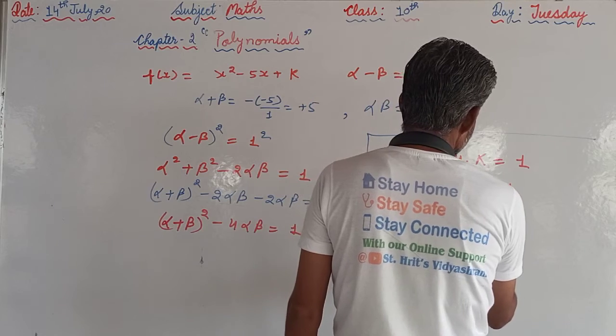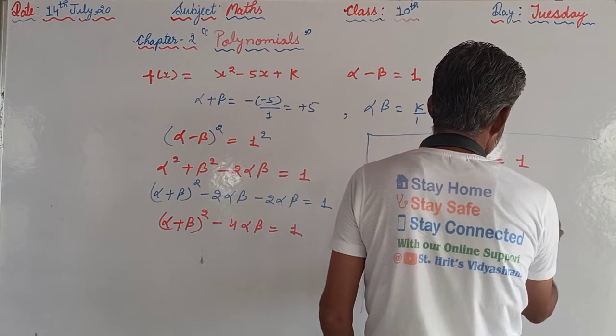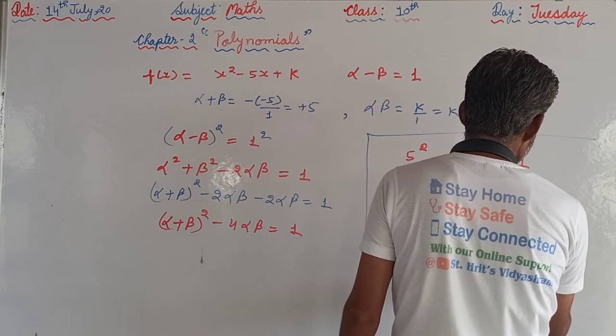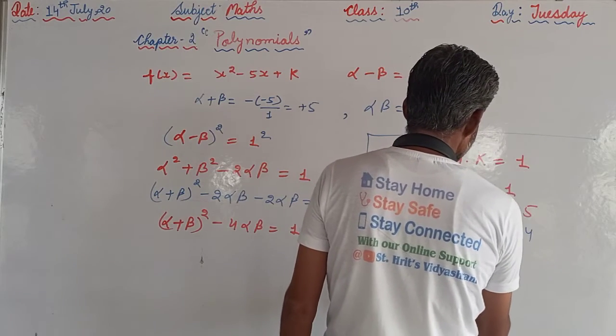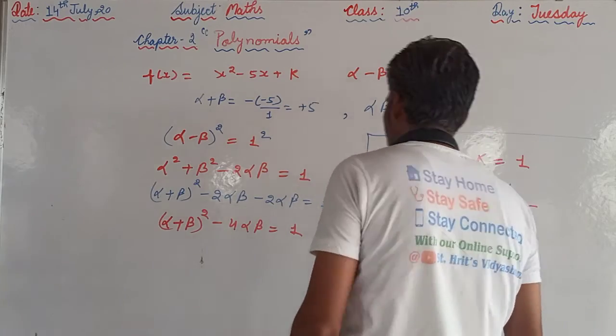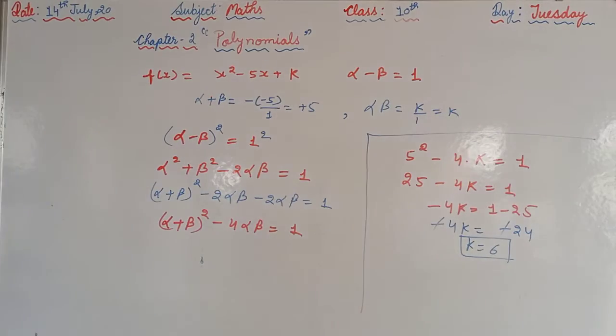Minus 4k is equals to 1 minus 25. Minus 4k is equals to minus 24. Minus cancels out, k is equals to 24 upon 4, that is 6. Like this we can solve.